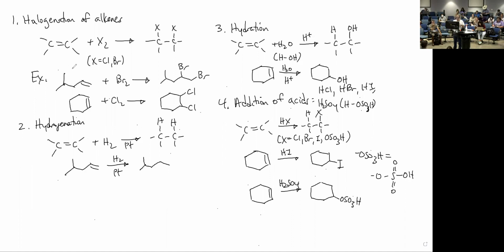Now, if the alkene is unsymmetrical, but the reagent is symmetrical, like Br2 or Cl2 or H2, then it doesn't matter. There's only one possible product. But what if the alkene is unsymmetrical and the reagent is unsymmetrical, like in hydration or addition of acids? That's when Markovnikov's rule comes in. And we'll definitely go over that today. And luckily, at least the way we'll apply it here, I don't think it's too burdensome to learn.